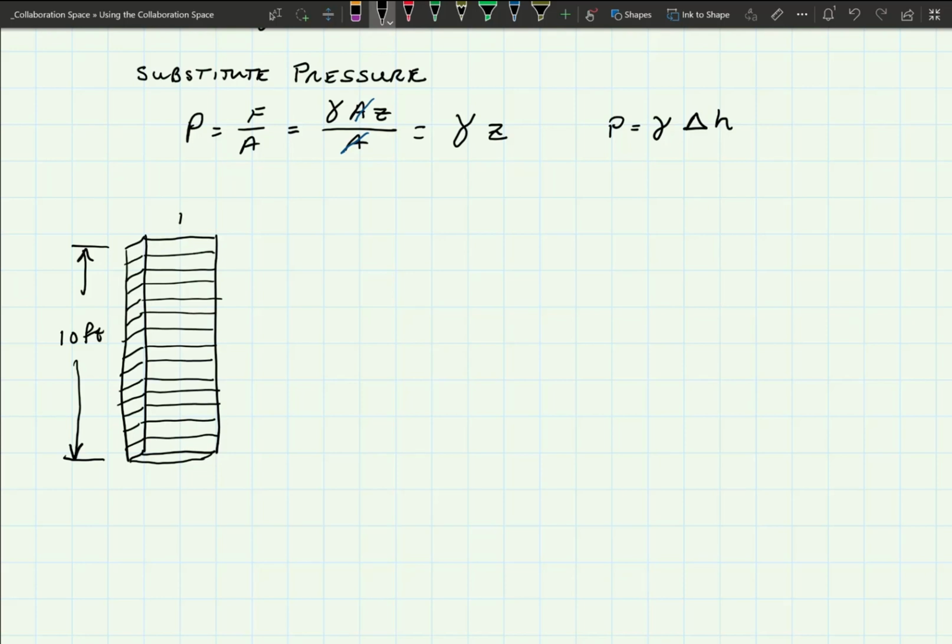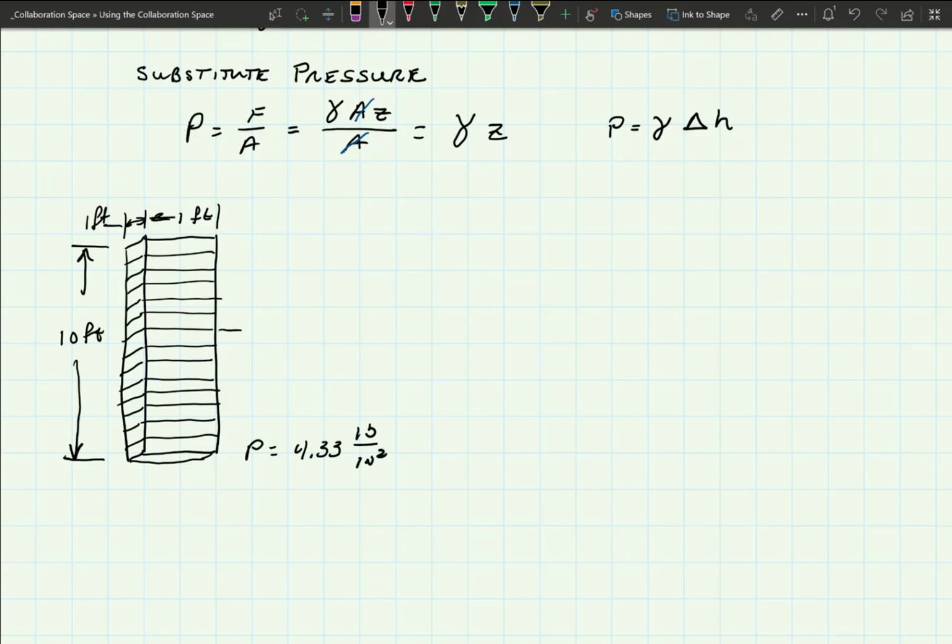Okay, we are 1 foot on a side. At the bottom here, we're going to be pressure equal to 4.33 pounds per square inch.